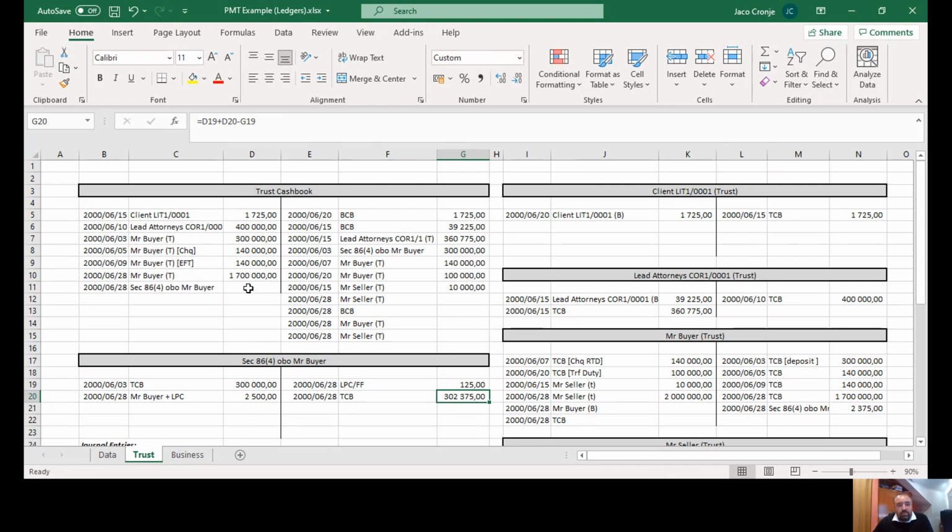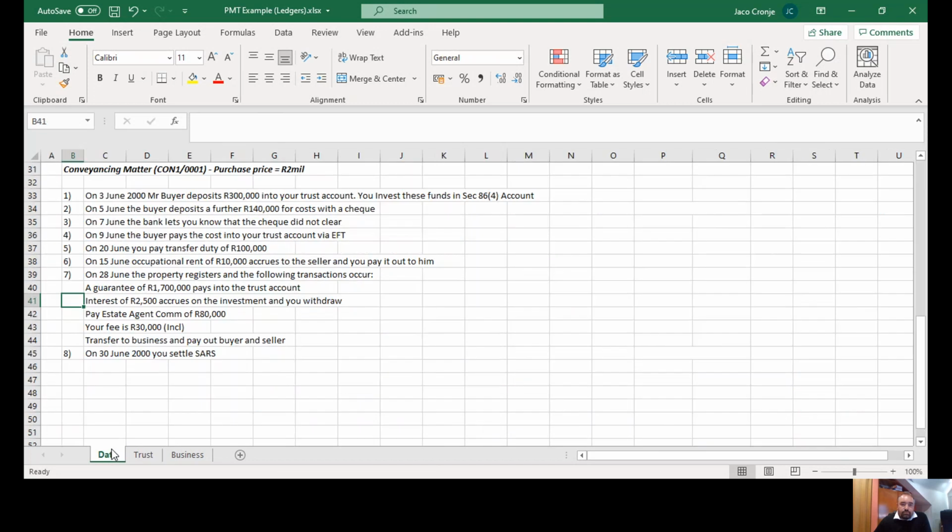So it simply goes back into, so I take it out of the investment and I put it back into my trust account. Okay, so let's just see, interest of 2,500 included in the investment and we withdraw. So by implication, we do the 95 and the 5% split, and whatever was left, we put back in our trust.